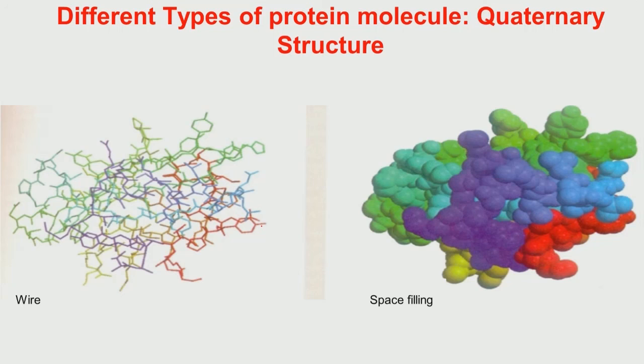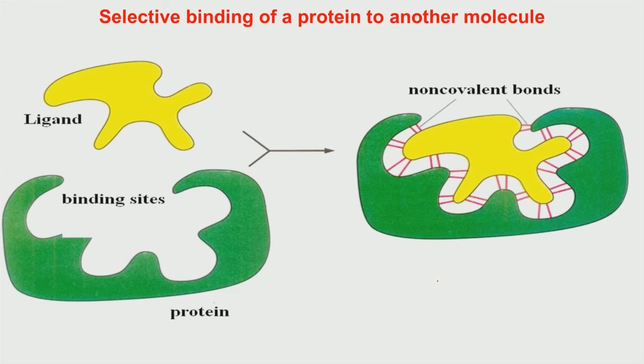People do a lot of experimental study, and complement it with computational study, to understand the protein structure at different length scales, how it evolves, and what the most stable configuration of a protein molecule is, which is certainly beyond the scope of this module discussion. However, let me also tell you that protein structure at the higher level can be described by the wire frame modeling as well as the space filling model, as shown here.